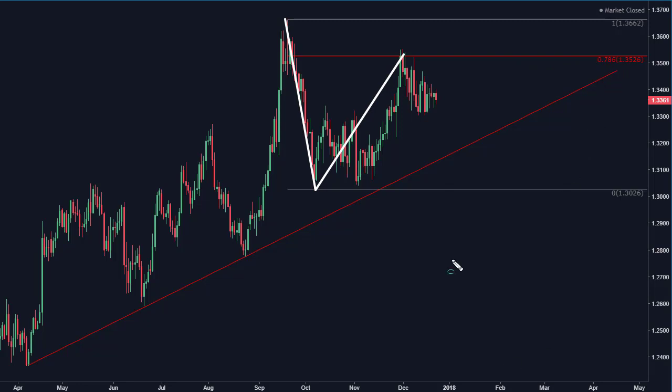So again, the longer that we stay below this level over here, the higher the likelihood is that we actually push down and start to work our way back down towards, it looks like, the 129 to 128 area. But you can see these levels starting to come into play.